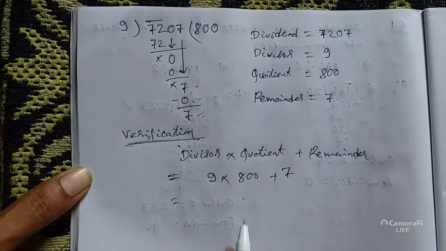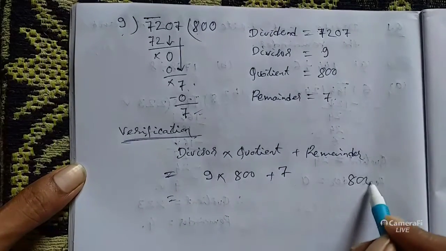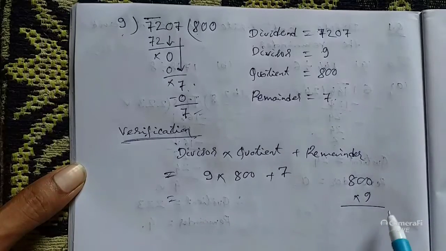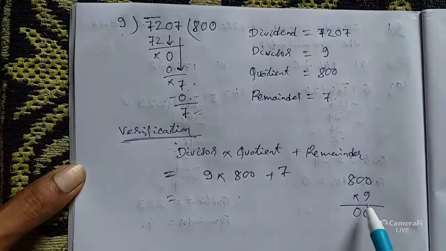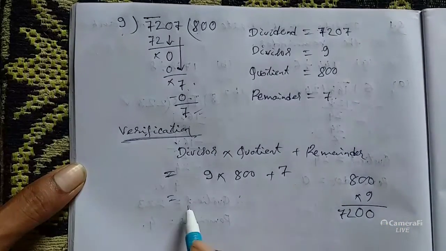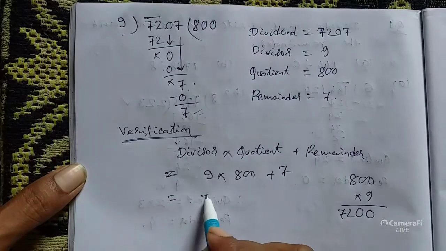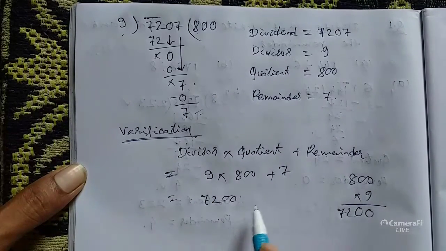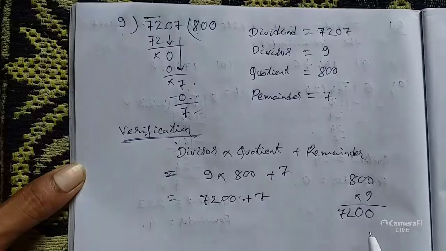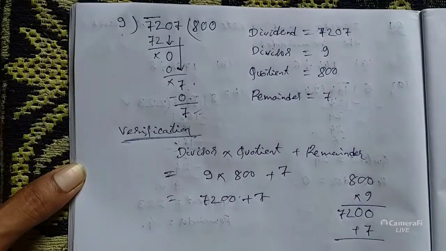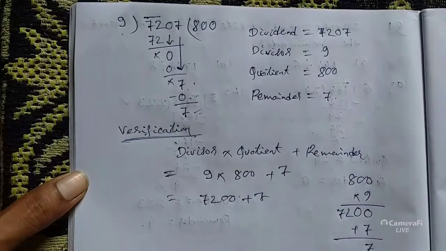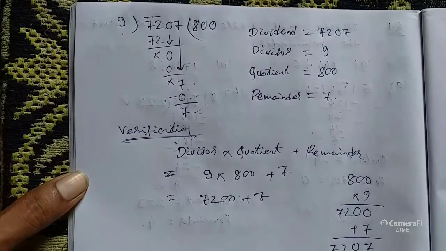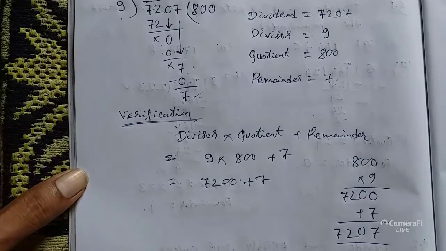First we will multiply 800 into 9. 9 8s are 72, so 7200. 7200 plus 7. Add 7 with this, 7 plus 0 is 7, 0, 2, 7, 7207.